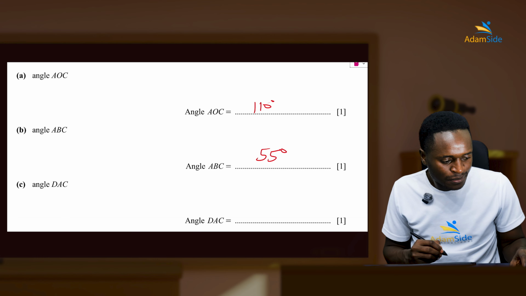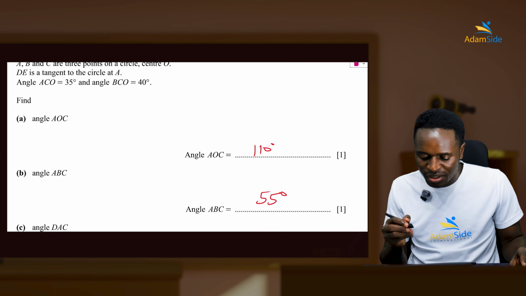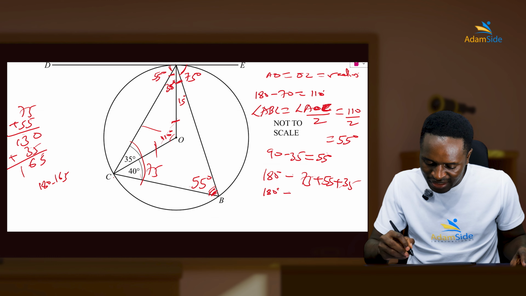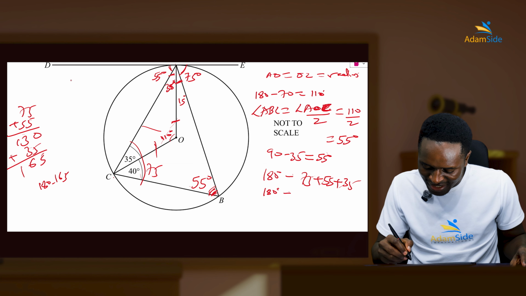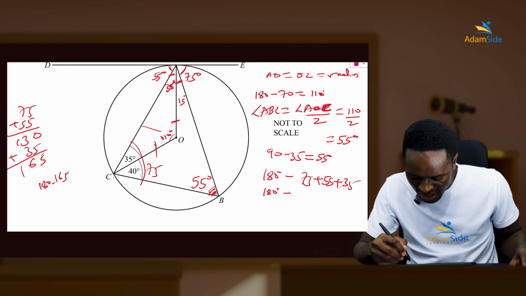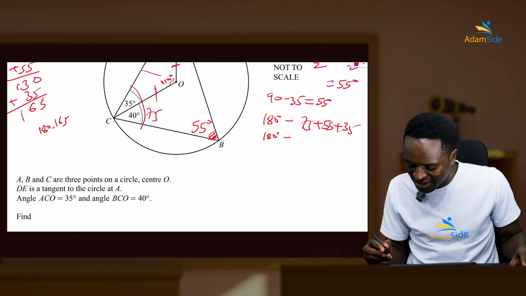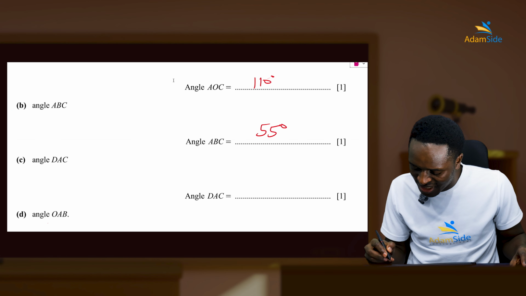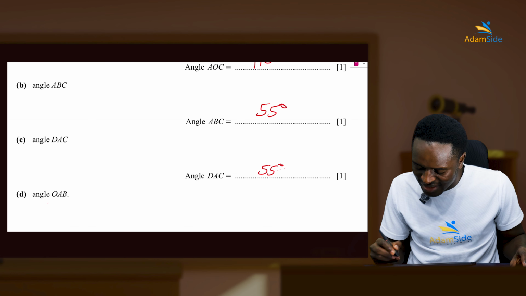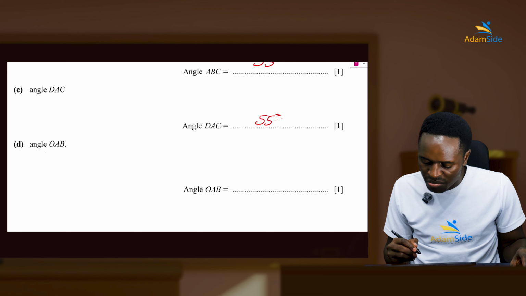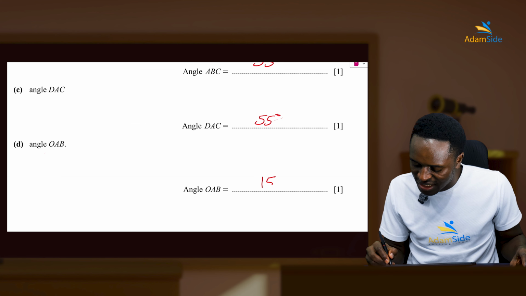Angle DAC, we go to the question. Angle DAC is 55, this angle here, 55 degrees. Then you also get 55 degrees. And then we have angle OAB. Angle OAB, we got 15 degrees.